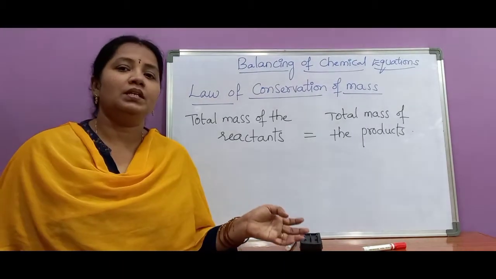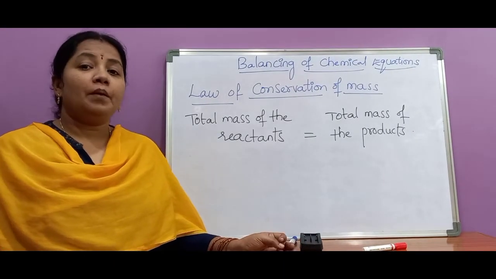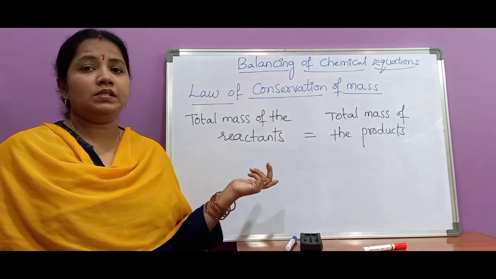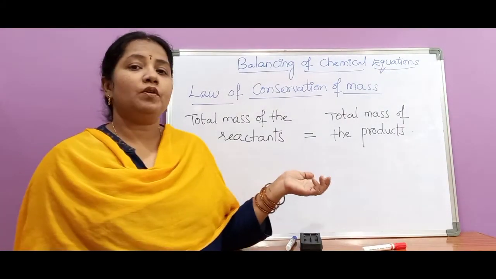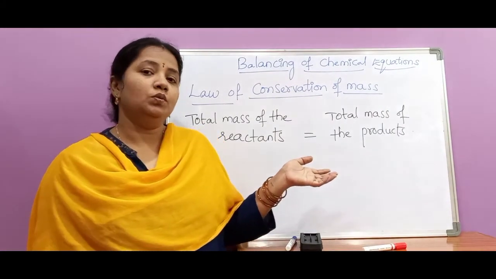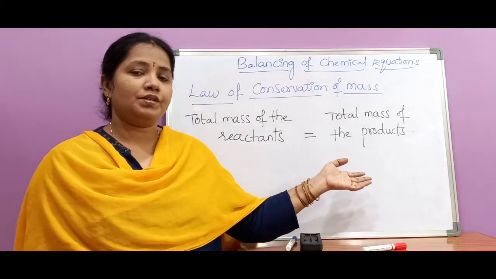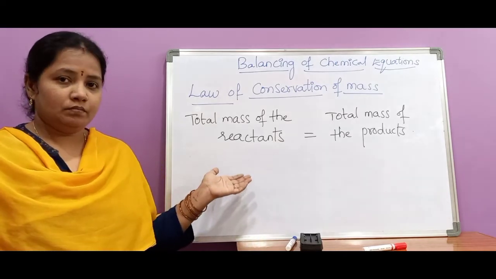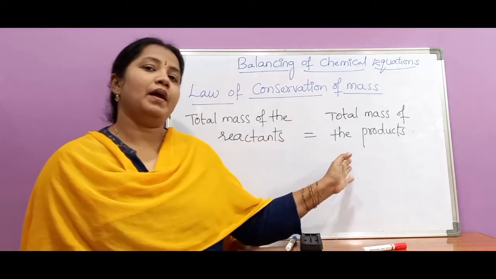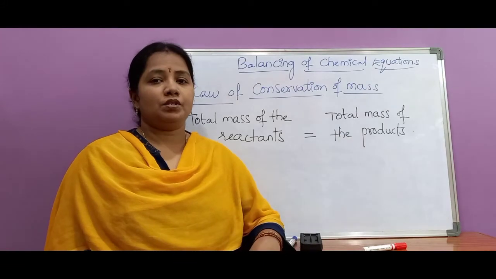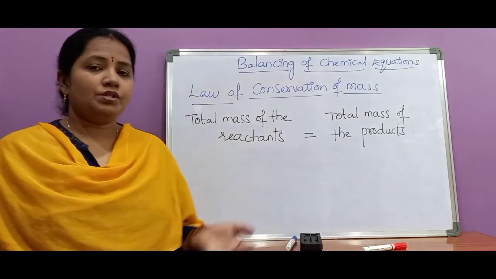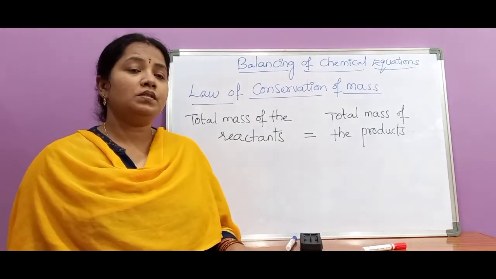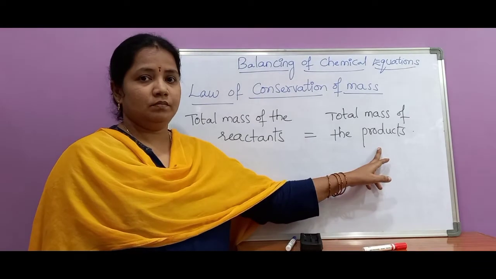So what I mean to say is, during a chemical reaction, the number of atoms should be the same. The number of atoms of the reactant molecules should be equal to the number of atoms of the product molecules. However many atoms of any element participate in the reaction, that many atoms should be formed at the end of the reaction. There should not be any creation or destruction of atoms. Then only the mass of the reactants will become equal to the mass of the products.